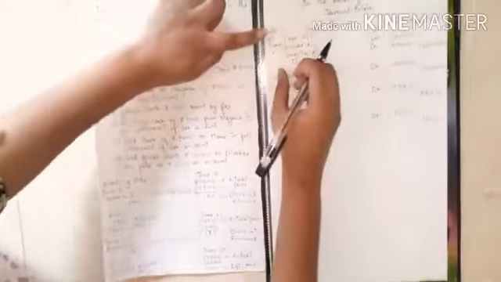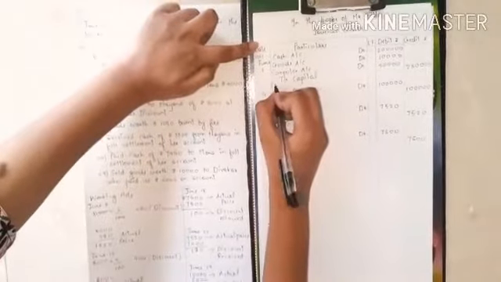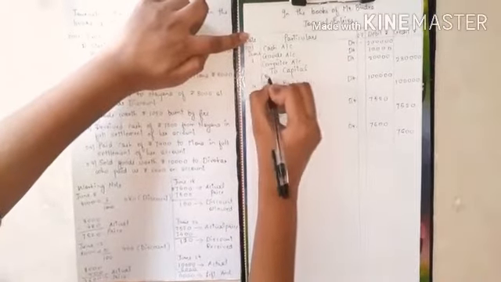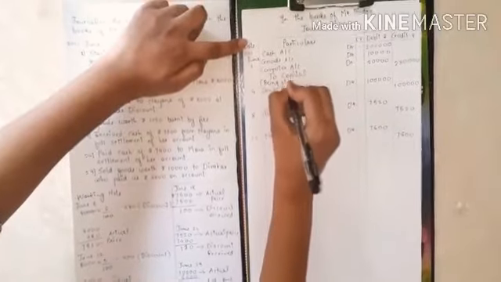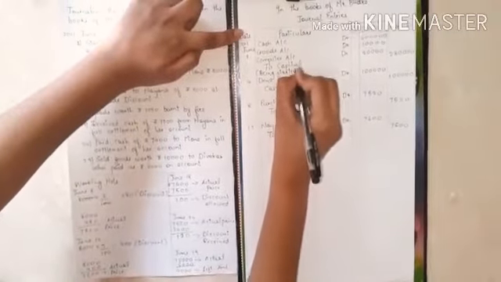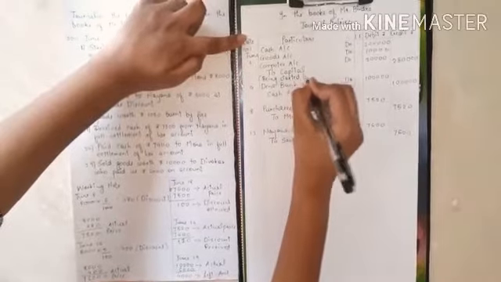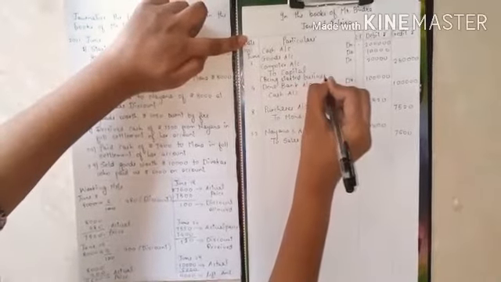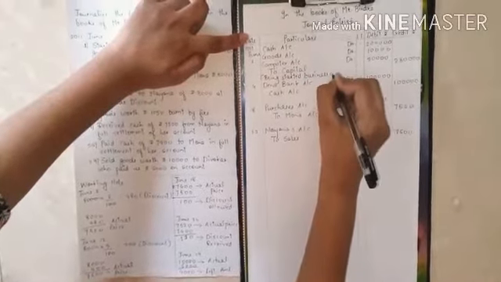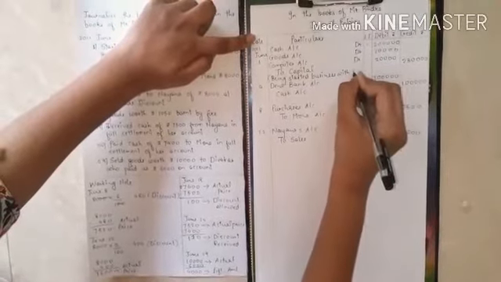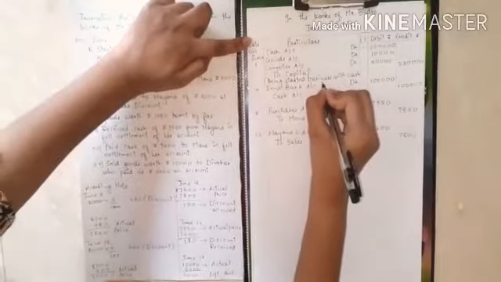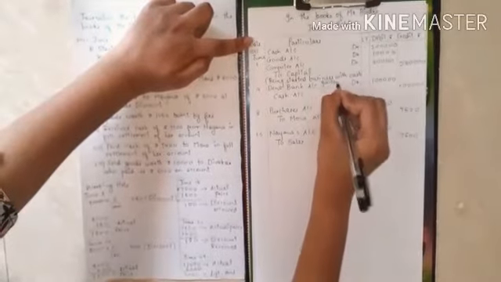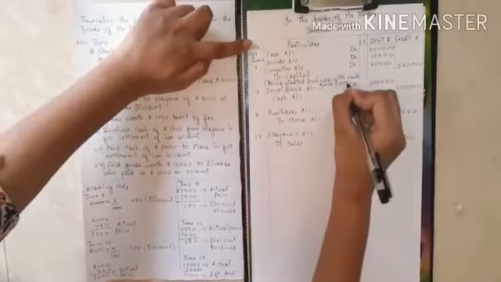So we will write it from the first transaction: being started business with cash, goods and computer.